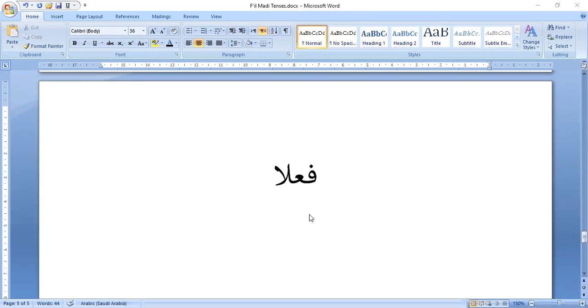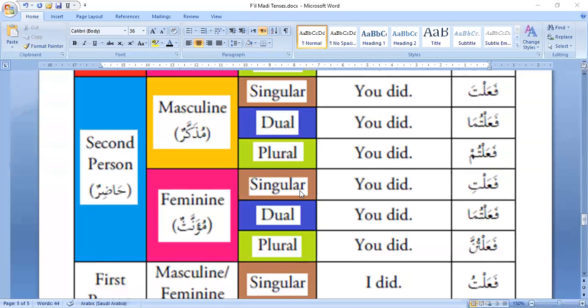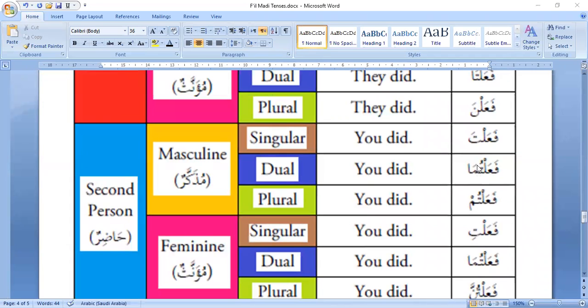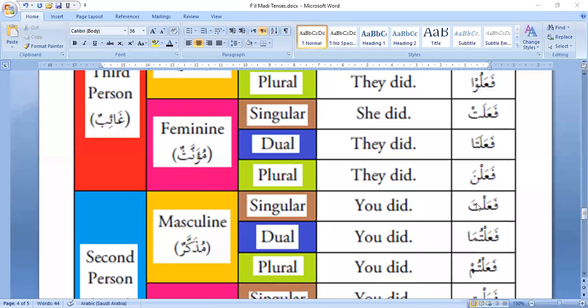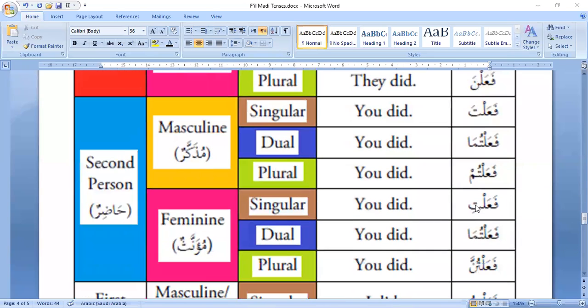I'm saying, how do they describe a group, like two or more, where there's a mixed person? In English you don't have that. That's the problem. In English you have 'you' for everyone, but in Arabic you have different forms. You have you two women, you all women. They actually have that.